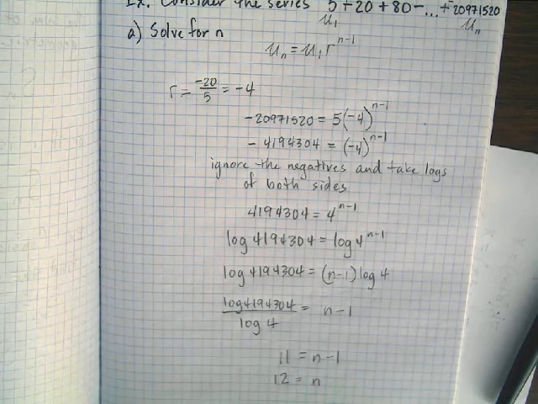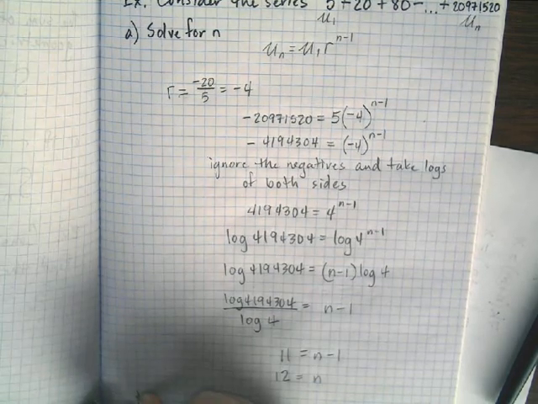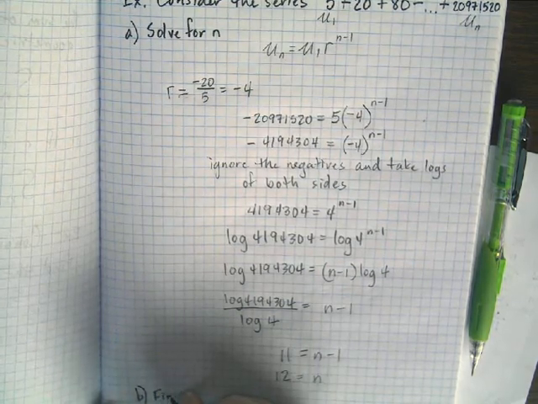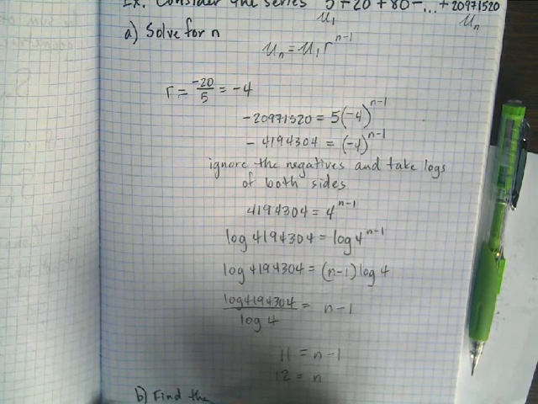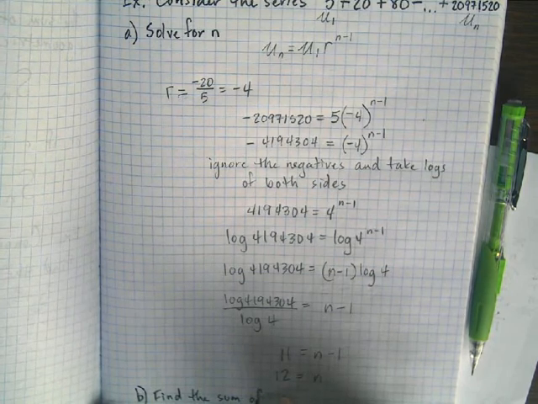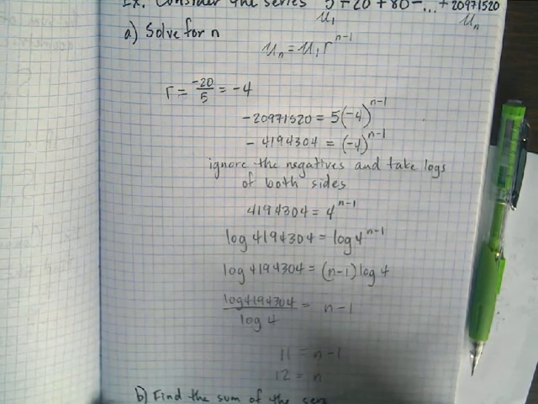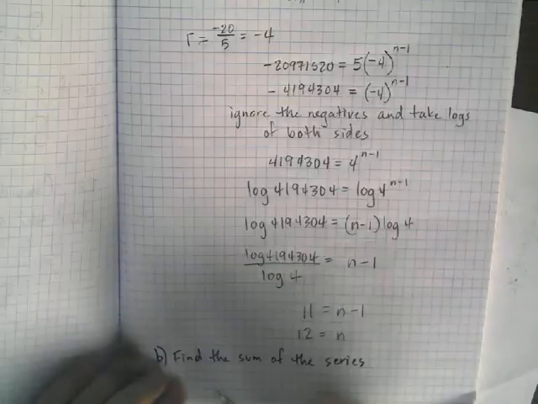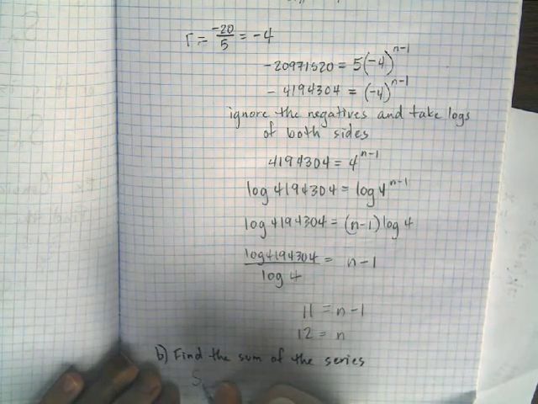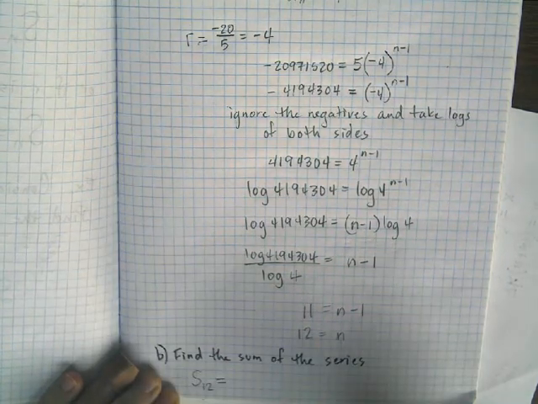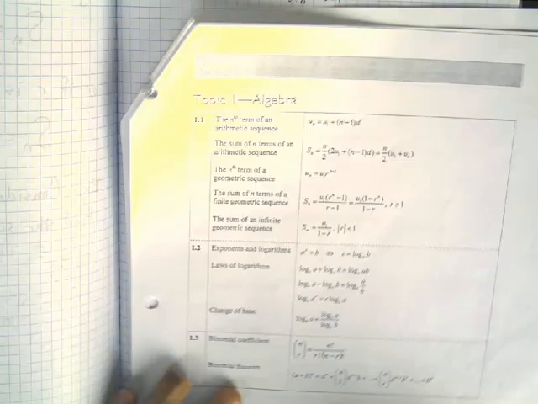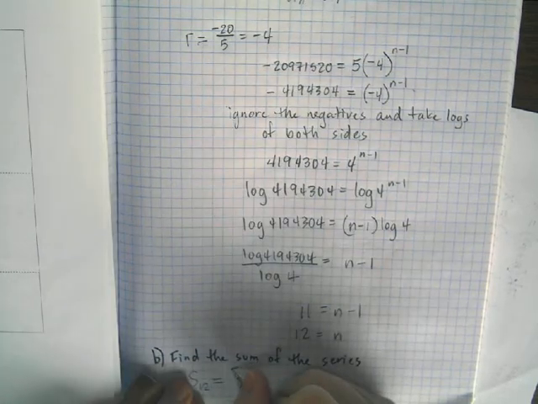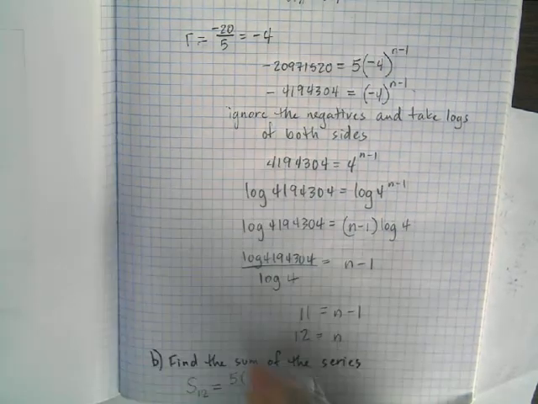Okay, so then once I have n, my next question is find the sum of the series. We know it's a geometric series, so we need to use the formula S sub n, in this case S sub 12, is equal to u sub 1, which is 5, times r to the n.